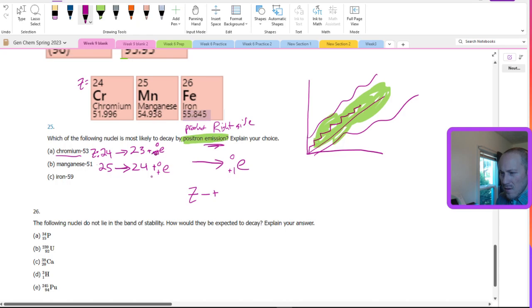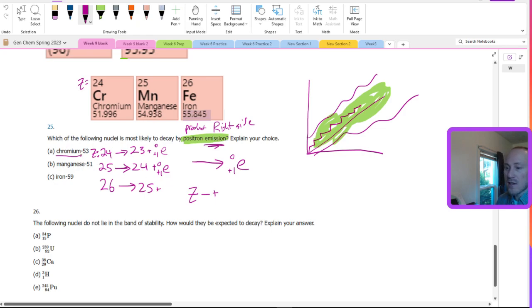I don't know what that is right there. Oh, it was a 1. Sorry, I got confused by my own squiggles. I don't think I have great or terrible handwriting. Hopefully you agree with at least the second part of that. But even I was confused by that squiggle. Okay, and if it were iron, then we would be going from Z of 26 to 25. So which of those is most likely to happen?